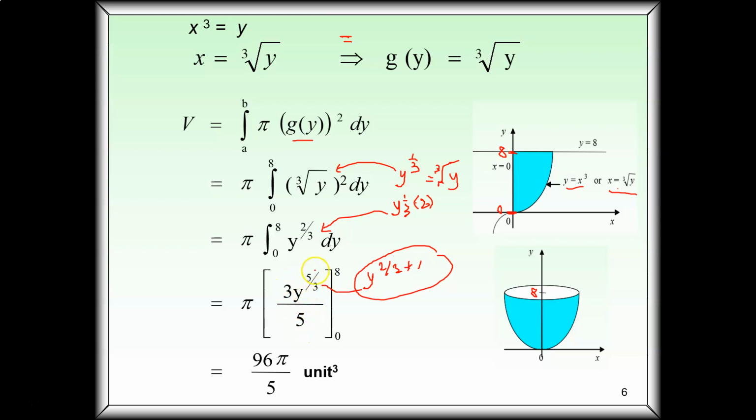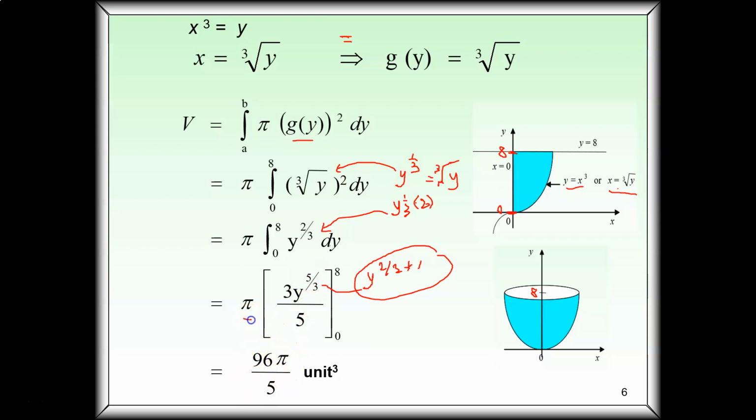Because we always divide by the new power. So you have 5 over 3; when you divide, it becomes 3 over 5. Then you can substitute the y value with 8 and 0. Substitute it in: 3 times 8 to the power of 5 over 3, over 5, minus 3 times 0 to the power of 5 over 3, over 5. Then you get this answer.